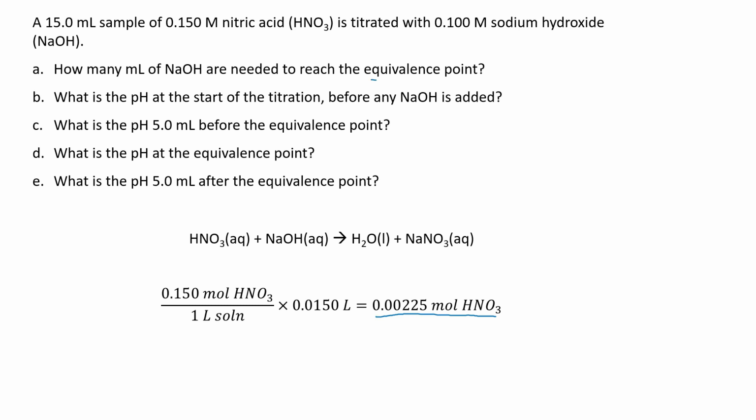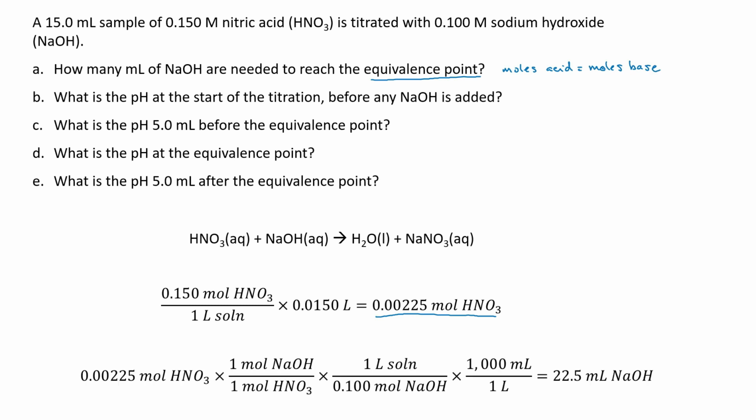So remember, what is the equivalence point? This is where moles of acid equal moles of base. This is just another reason why I wanted to get those moles of acid. So taking my moles of acid, I'm going to use my mole ratio from my balanced chemical equation, and I'm going to convert this into moles of base or moles of sodium hydroxide.